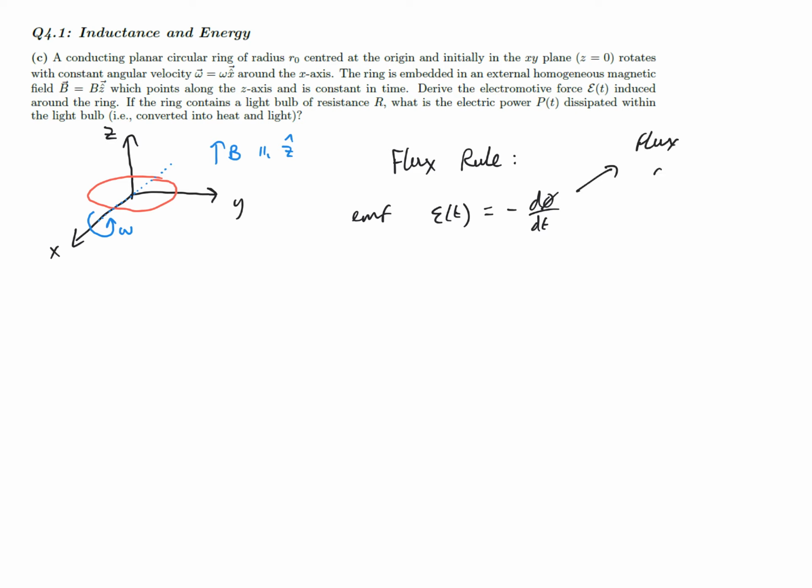is itself defined, the magnetic flux, of course, as the magnetic field flux through some particular vector area, dA. And in this particular case, we're talking about a ring. We want to know the magnetic flux through the wire ring, but the ring is rotating.